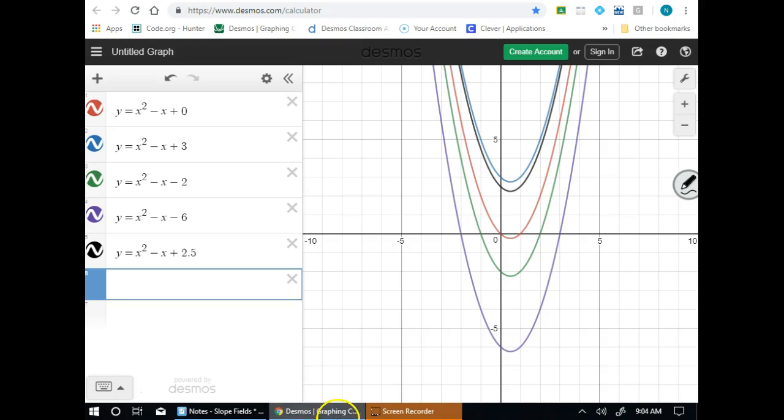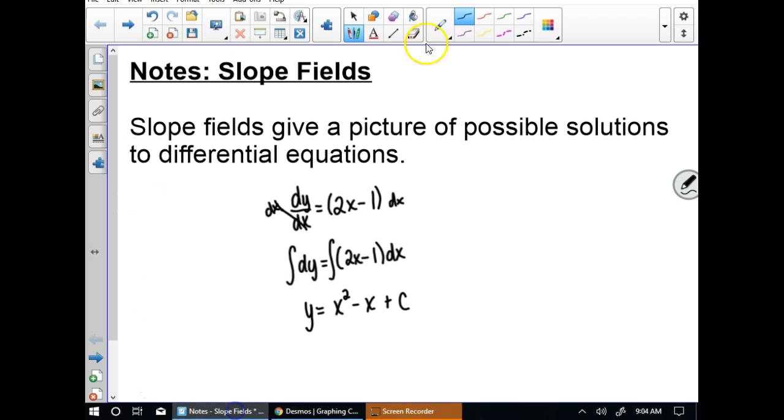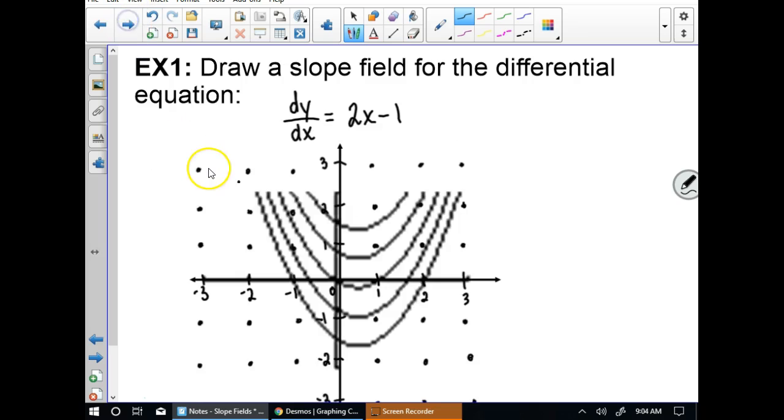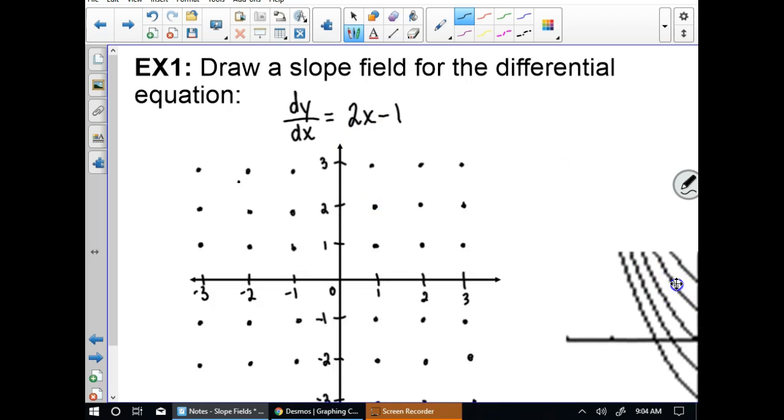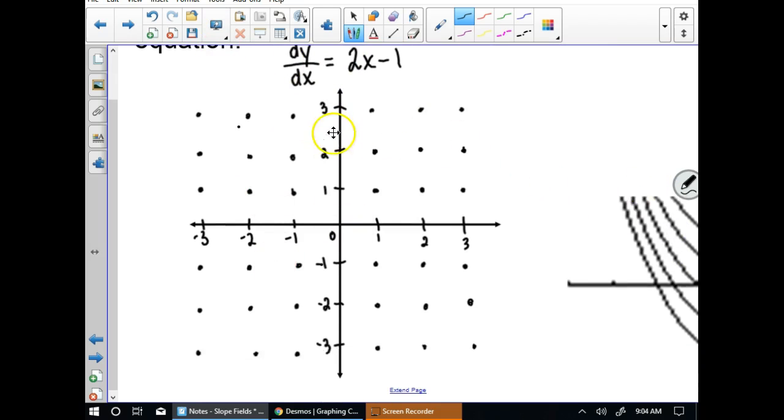Sometimes we'll be asked to draw what is called a slope field, and the slope field gives us an idea of what the graph will look like. Let me put this over to the side for right now. What I want you to do is draw an x and y axis.